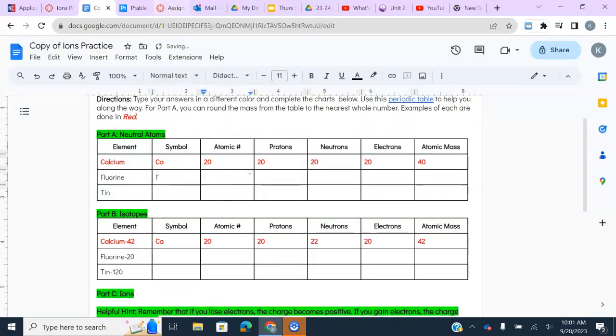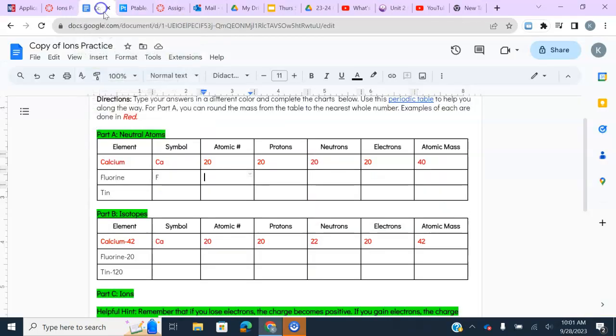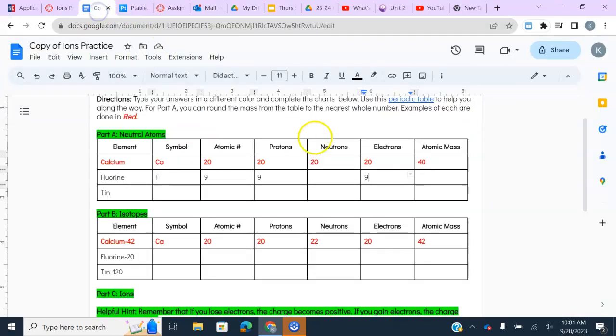And then our atomic number is 9. So that's our atomic number. Now, this is a neutral atom. So remember 8-man: A is equal to P is equal to E. So the atomic number is equal to the protons, which is also equal to the electrons. The atomic mass is 18.9, so I'm going to round it to 19.